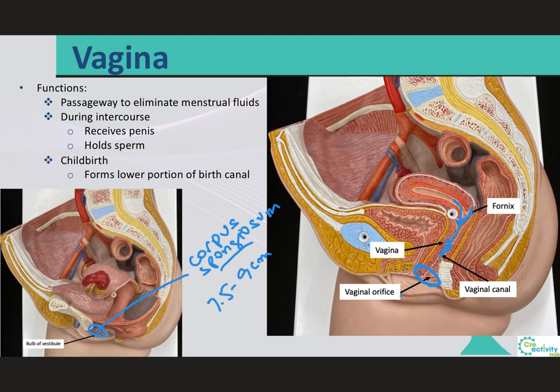Now, the vagina contains a very normal population of resident bacteria, and their growth is actually supported by the nutrients found in the cervical mucus. Now, the metabolic activity of these bacteria creates a very acidic environment, which will actually restrict the growth of many pathogenic organisms.